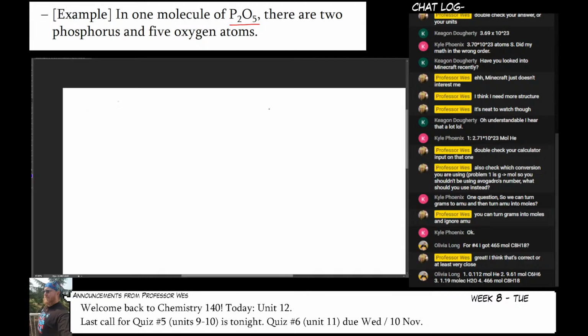So, in 1 molecule of P2O5, there are 2 phosphorus atoms and 5 oxygen atoms. Oops, let me write it the other way around, though.